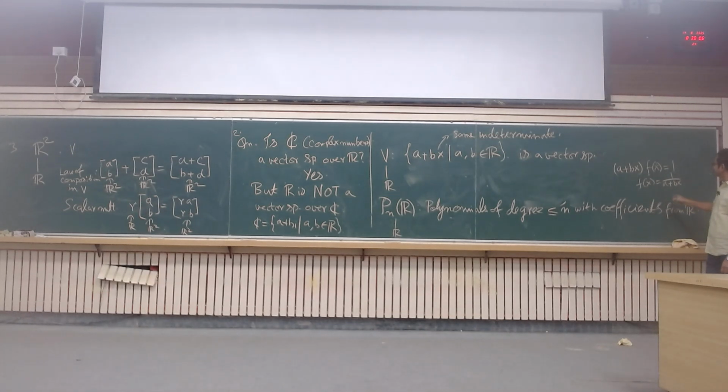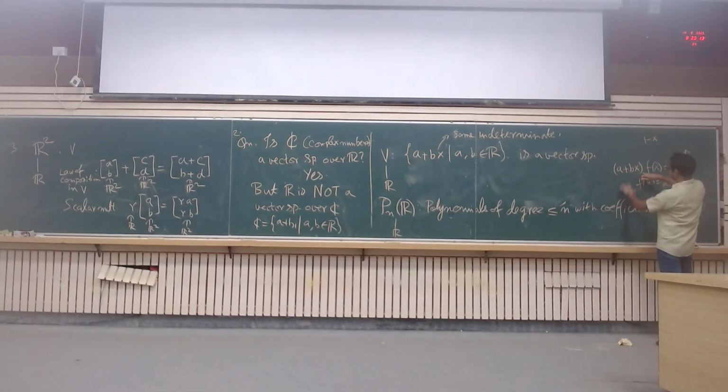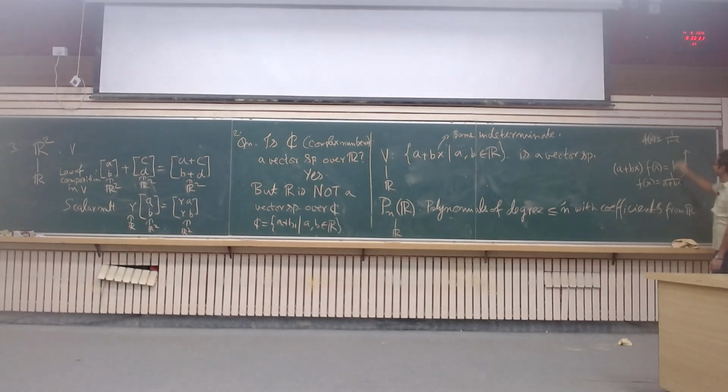In fact, you have seen the series, right? For example, take 1 by 1 minus x, and then the geometric series, the formal series. You see that even in its domain of convergence, this is not a polynomial, it is in fact a series.